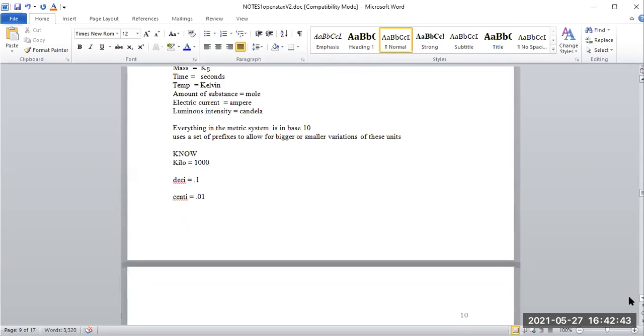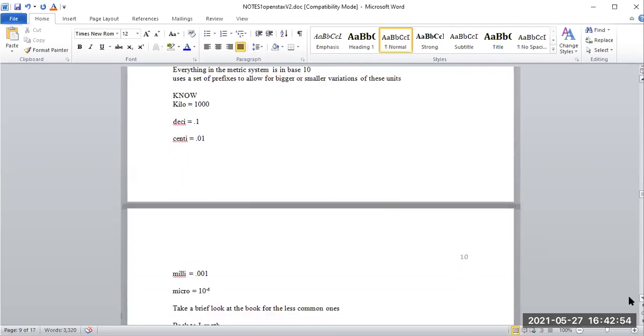Because it's all base 10, there are prefixes that designate what those powers of 10 are. 5 of them we will use extensively. There are others that you will see occasionally, but will not get used as often.